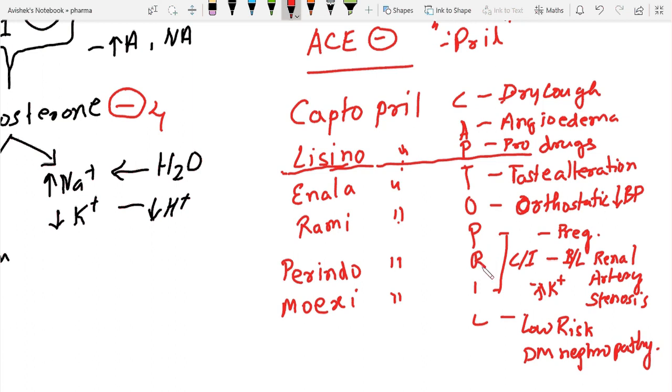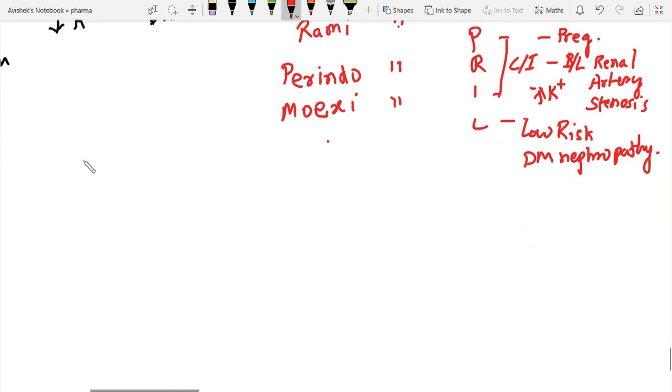So we are done with ACE. Now we are remaining with angiotensin-1 receptor blockers.